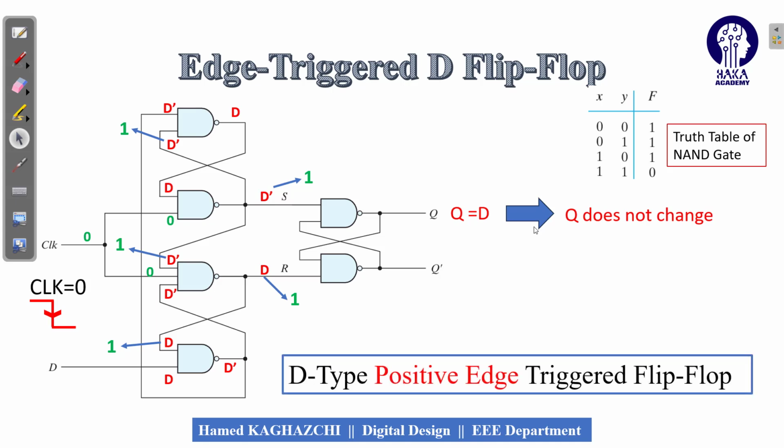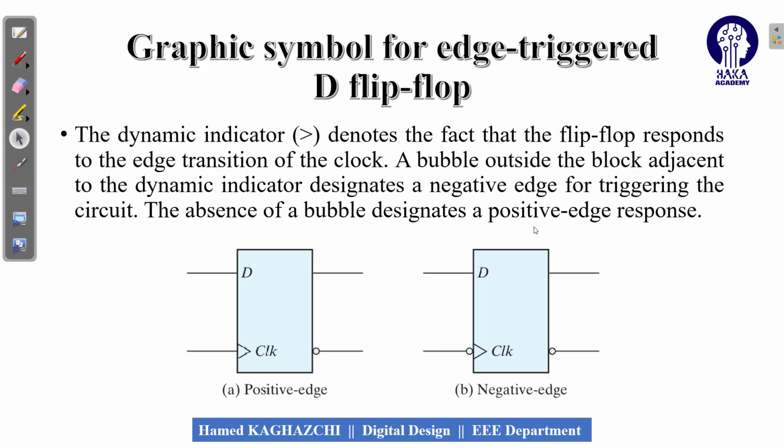Here we could design the positive edge using 3 SR latch gates. Now, how can we understand whether the flip-flop is positive edge or negative edge? Again, same as the latch, these two types of symbols are the symbols of the D flip-flops that you can see in circuits.